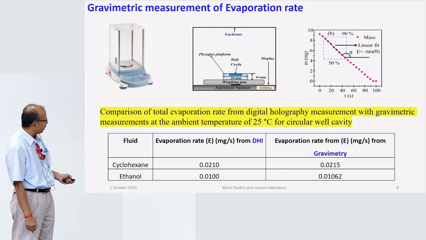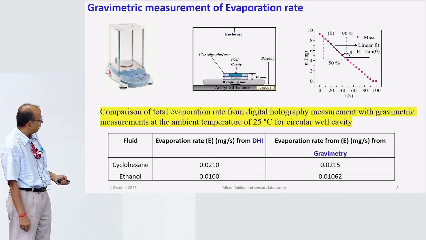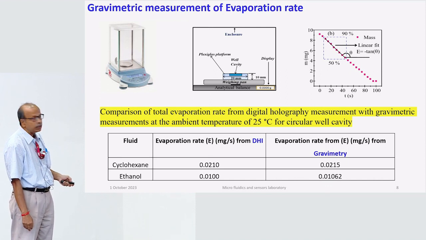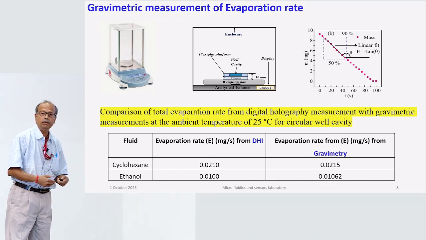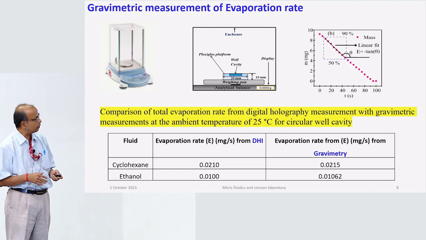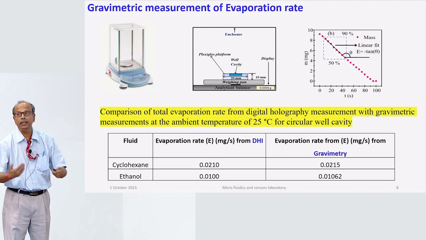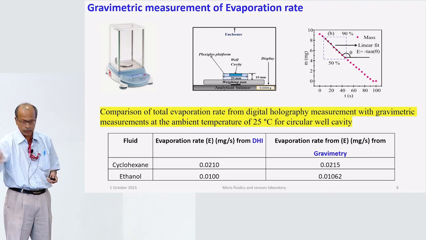You see this one is 0.0210, this is 0.0215. Similarly for ethanol, we could get it very close, showing that the optical technique has been implemented correctly, and we have confidence in our data.